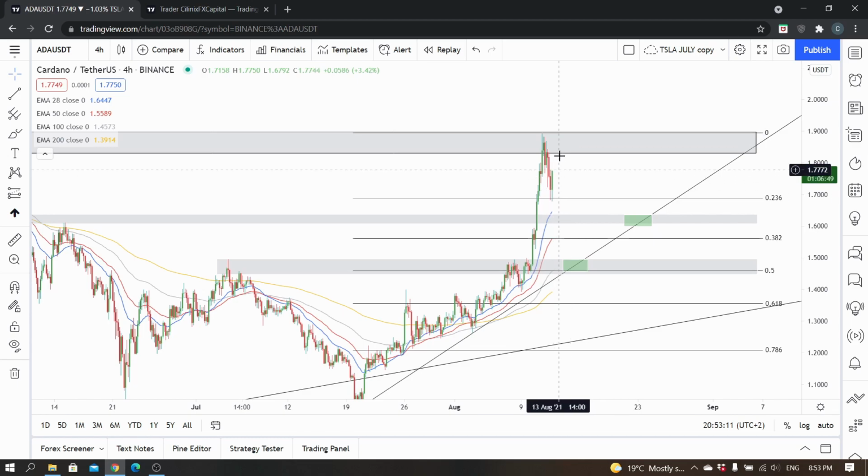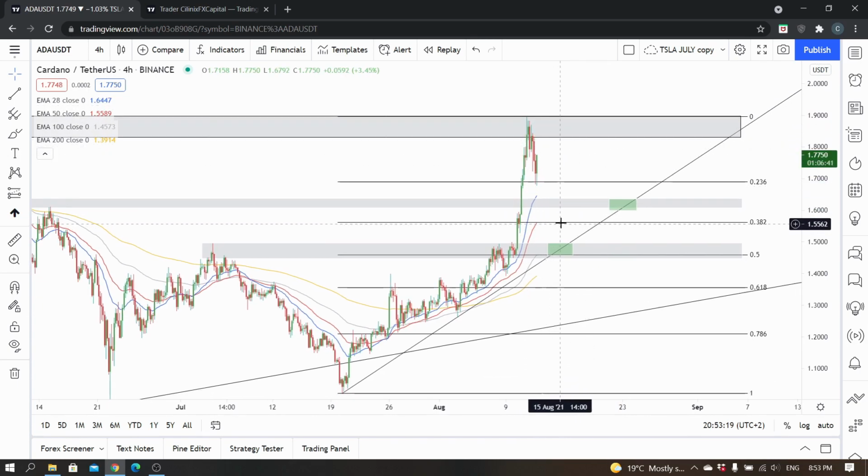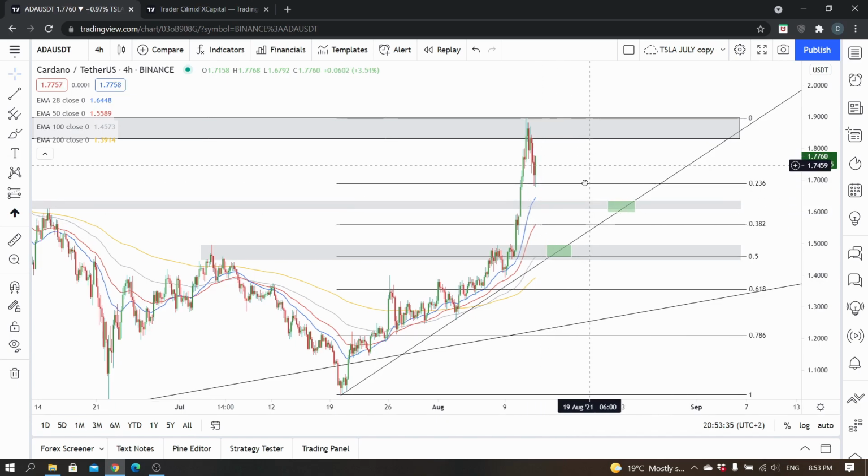If it does go over this point, they have to redraw the Fibonacci. If it doesn't, I think you can also place a buy at the 0.382 Fibonacci, but I would only do that as a trade. I think you can get into better places for a long-term holding position, although this would be fine.